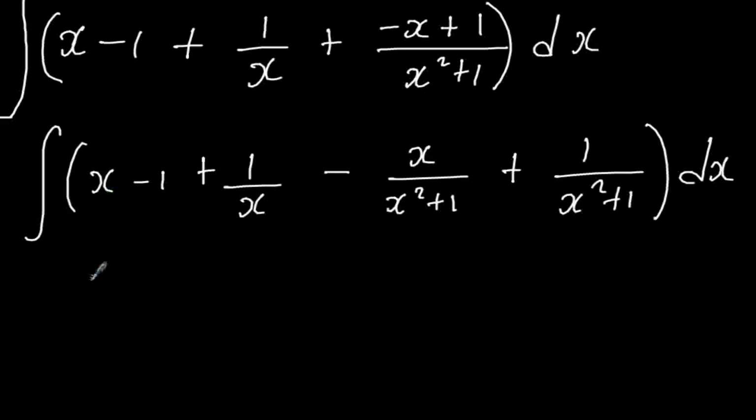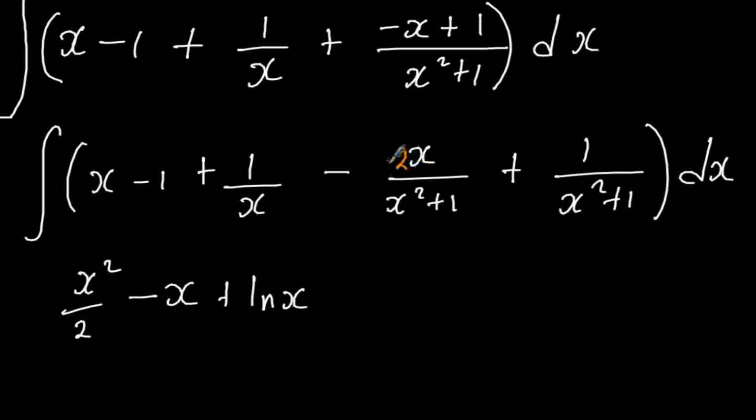So the integral of x is x squared over 2, then the integral of negative 1 is negative x. Then the integral of this one will be ln x. Now the integral of this, I can first manipulate this. The derivative of the denominator is 2x.